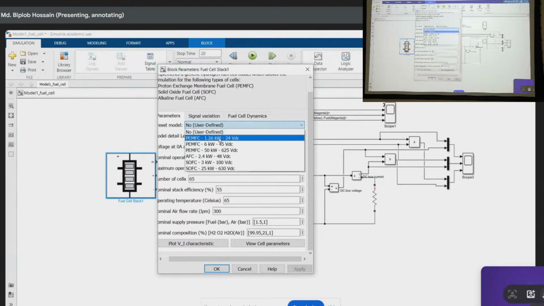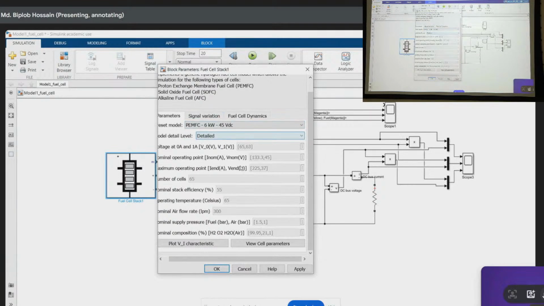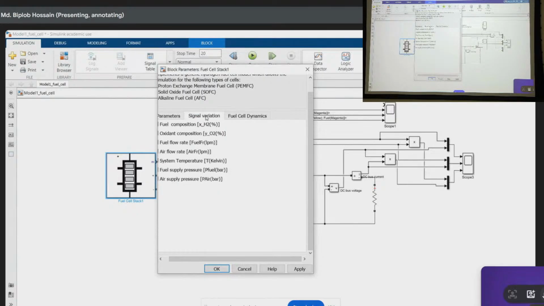If you choose any built-in one, you see most of these fields are hidden now, inactive. You can't insert these values because this is built in. After that, another field is called signal variations. For the fuel consumption you have to input to your fuel cell stack, you can provide it using an external input probe.